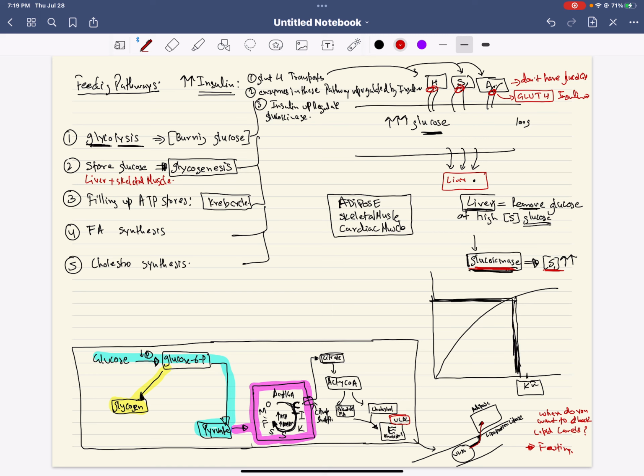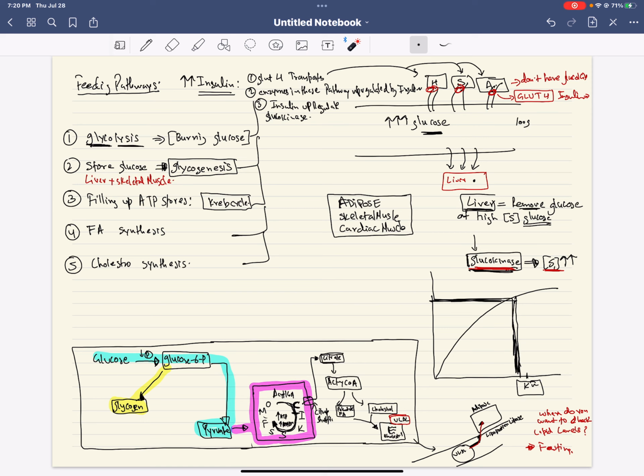Okay? And then after you've stored it, you still have a lot more pyruvate left. So you're going to shift some of this pyruvate into the Krebs cycle to make a lot more ATP. Once you make a lot more ATP and your stores are filled, your body still wants to burn more glucose.